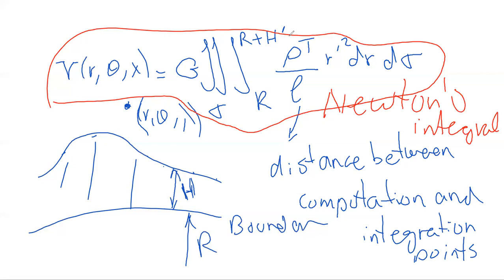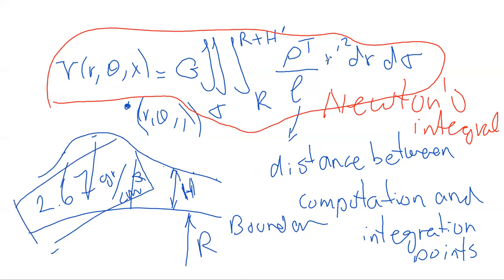Now the question is how to solve this problem. If you want to compute the potential, it's simple. You have this formula. You have the density of topographic masses, which is almost 2.67 gram per cubic centimeter. You can assume it is constant, but it is not actually. So simply, you can compute the distance between any point there and any point down at the surface.